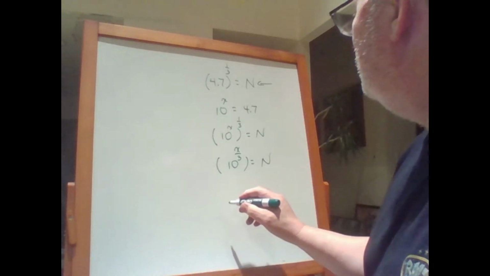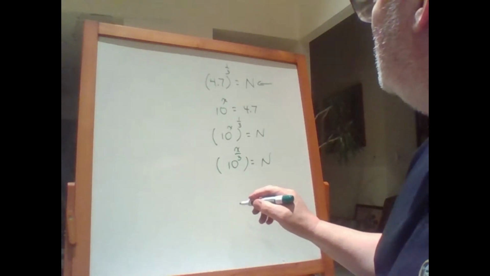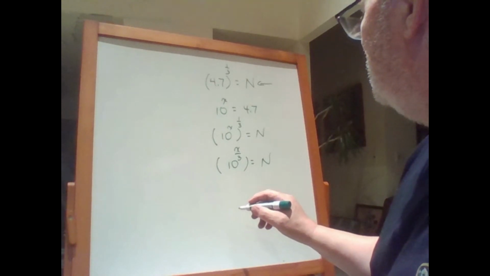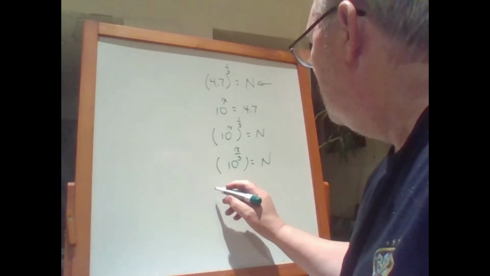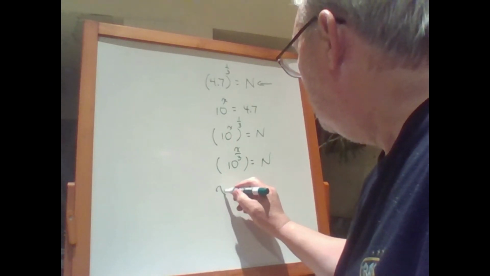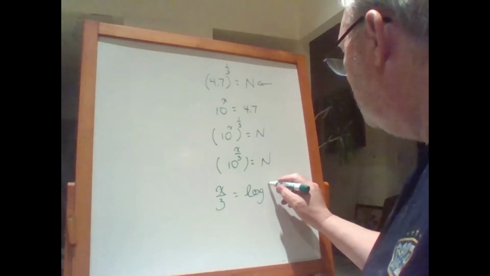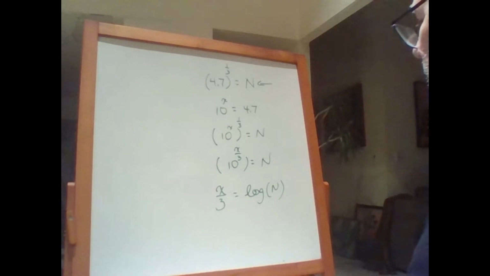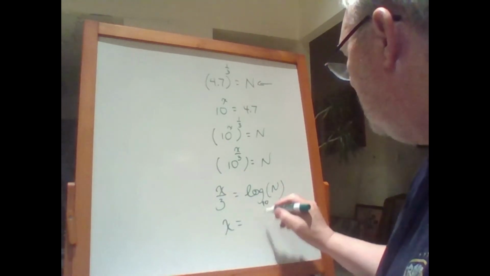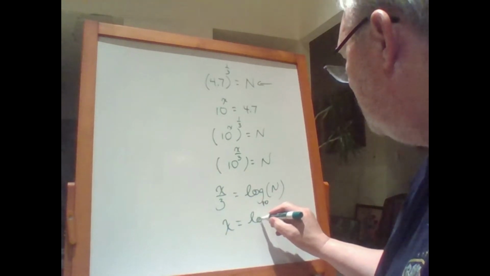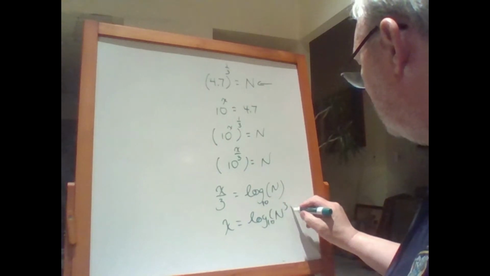And then we take the log of this base 10. So we have x over 3 equals log of n, and x is equal to base 10 log of n over 3.